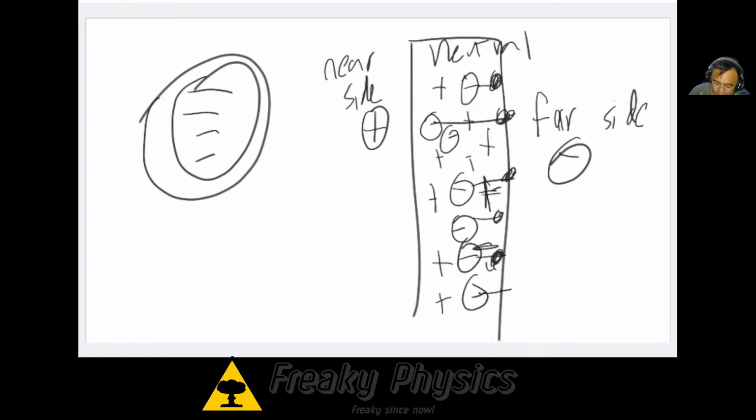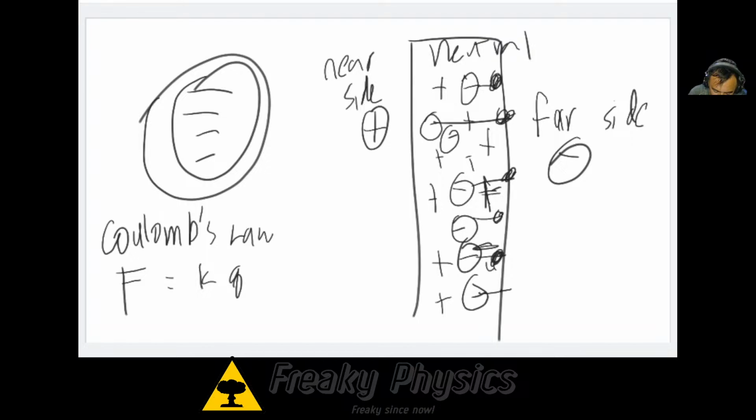Now going back to Coulomb's law, let's just write it here. F is equal to k Q1 Q2 over r squared. This law actually works only if you have point charges, but it kind of works in this situation because the idea is still the same.